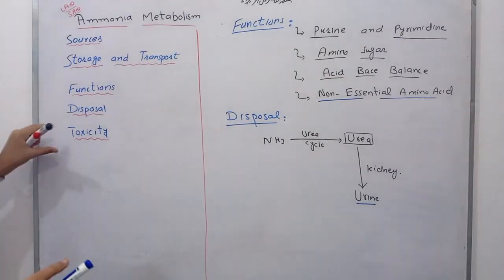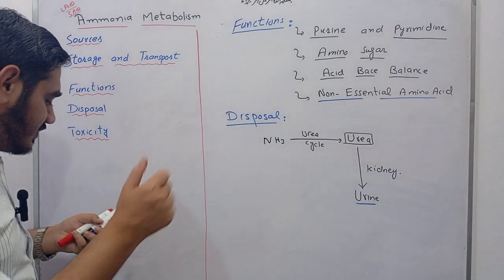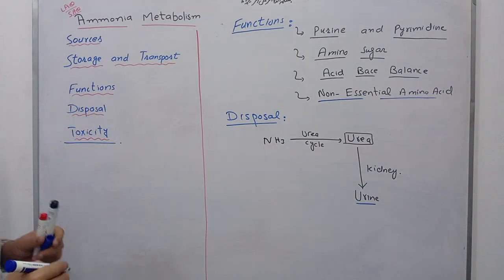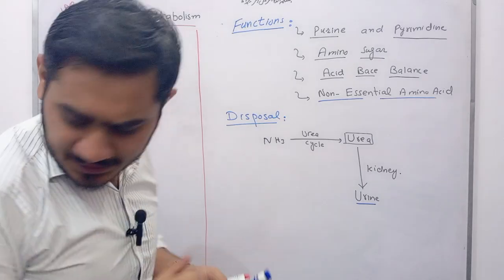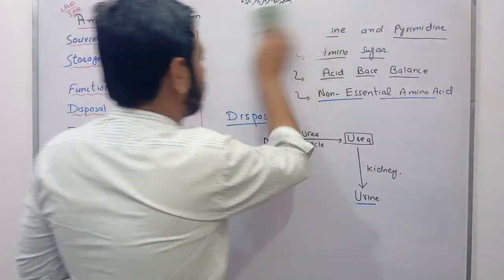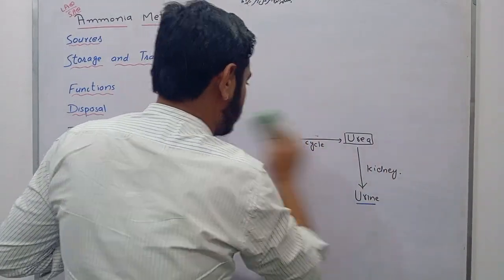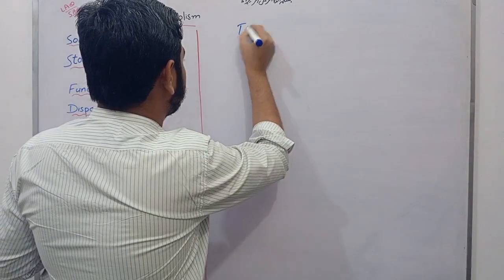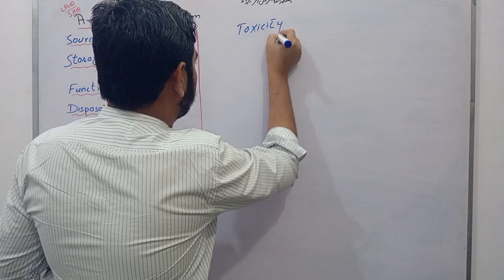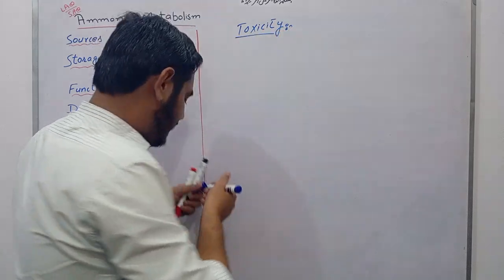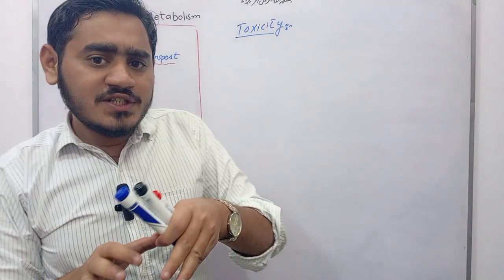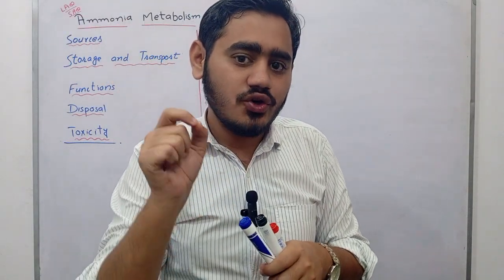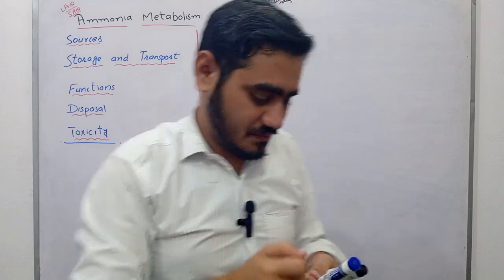Now coming toward the toxicity of ammonia. The increase in concentration of ammonia leads to neurological manifestation.